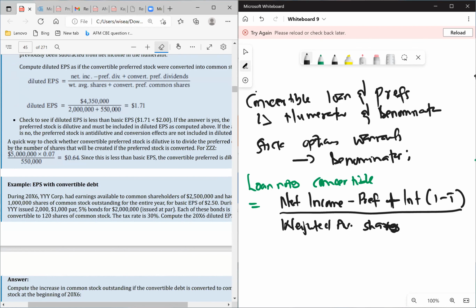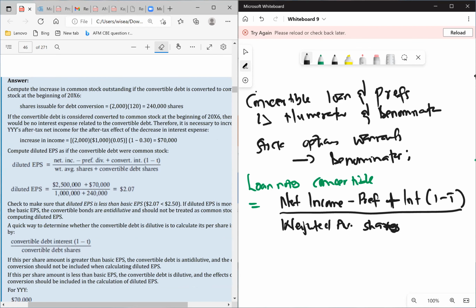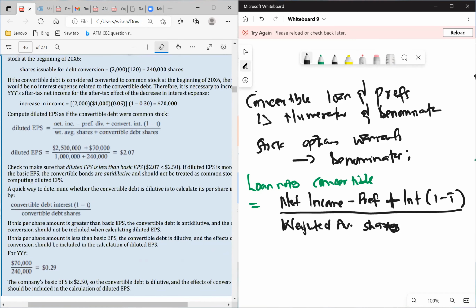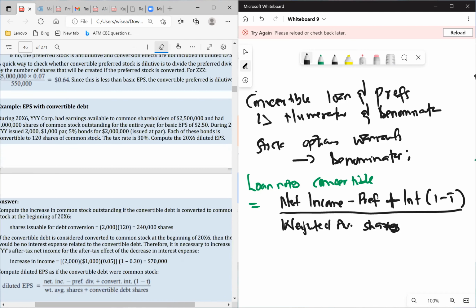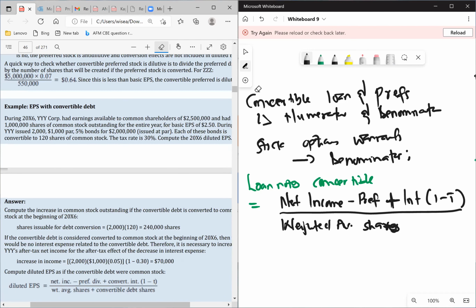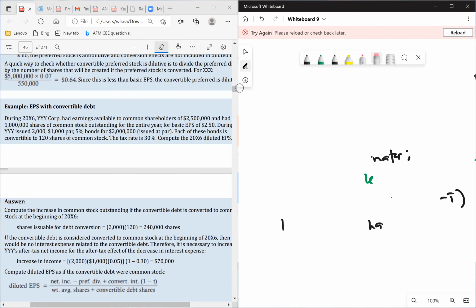Okay. So I want to take an example of the convertible loan note. All right. So earnings per share, convertible loan. They said during 20x6, YYY Corp had earnings available to common shareholders in excess of 2.5 million and had 1 million shares of common stock outstanding for the entire year.